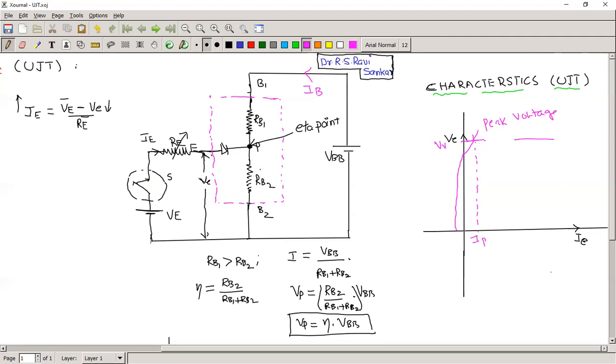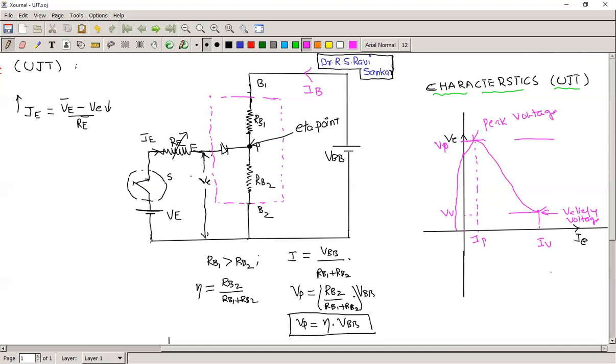When the charge carriers are injected, this R2 will decrease. Once R2 decreases, the emitter voltage will decrease. This happens up to the valley voltage. This corresponding voltage is VV, the valley voltage. This is the valley current. This point is the valley voltage.